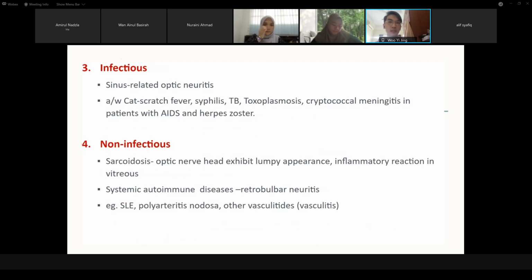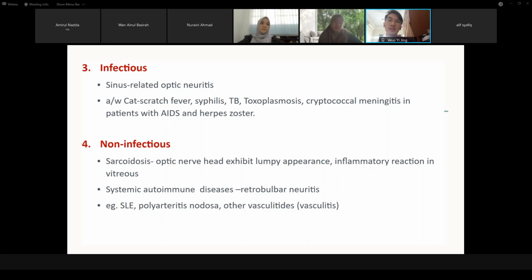Next will be infectious. Infectious, we have sinus-related optic neuritis. It could be due to bacterial infection, such as in cat scratch fever, syphilis, TB, toxoplasmosis, cryptococcal meningitis in patients with a compromised immune system, such as in AIDS, and also herpes zoster.